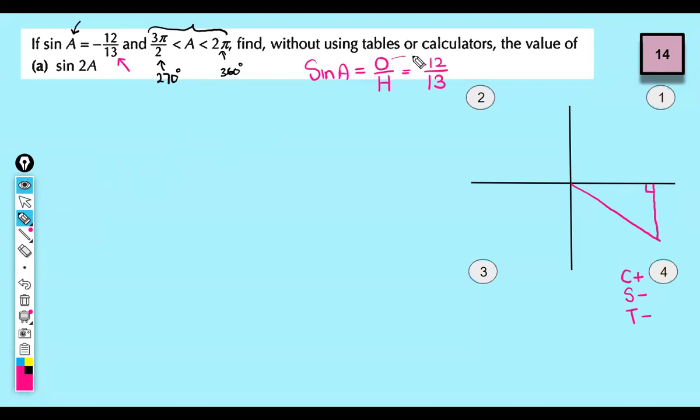So the minus 12 is the opposite side. The hypotenuse is 13. All you have to do is pretend this angle here is A. Opposite is minus 12 and the hypotenuse is 13. You could use Pythagoras theorem to find the missing side of the right angle triangle. I'll put it in yellow.